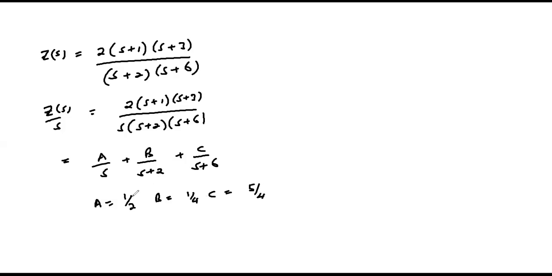So we can write Z of s over s as A, which is a half over s, plus B, which is a quarter over s plus 2, plus C, which is 5 over 4 over s plus 6.